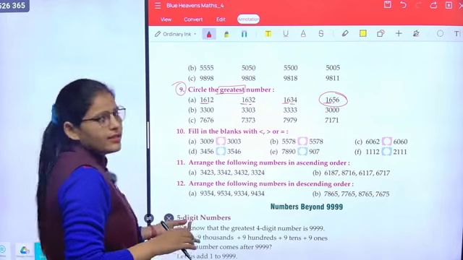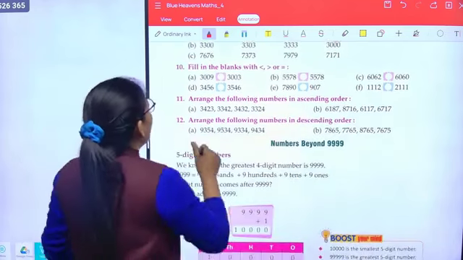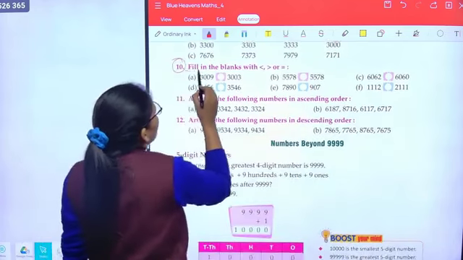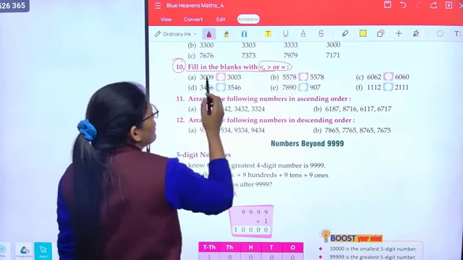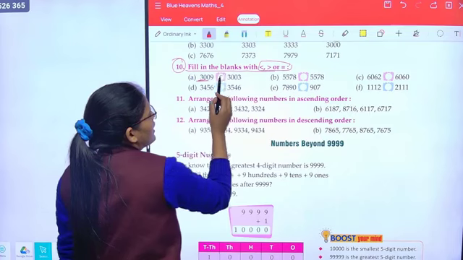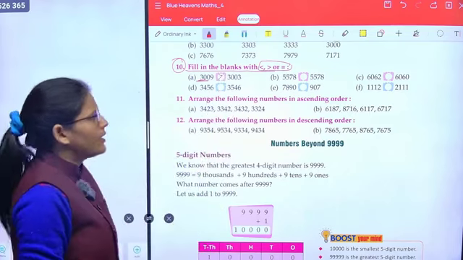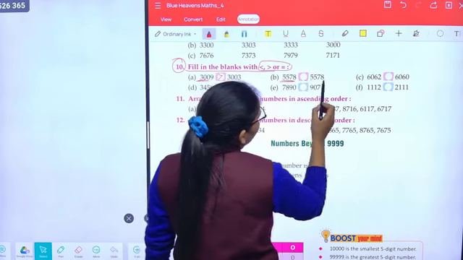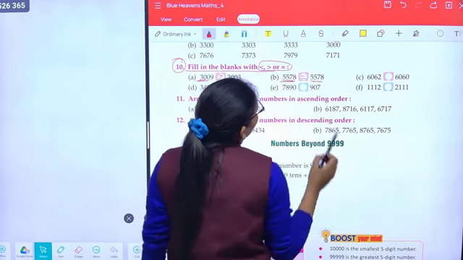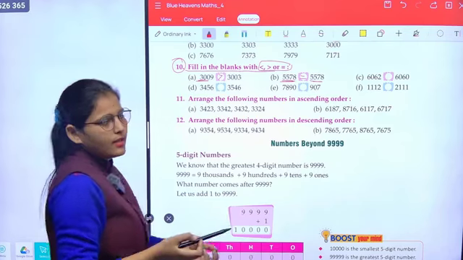Now rest of the parts do yourself. Now students, question number 10. Fill in the blanks with these signs. So 3009 is bigger than 3003. Now 5578, 5578, both are equal. Rest of the parts do yourself.